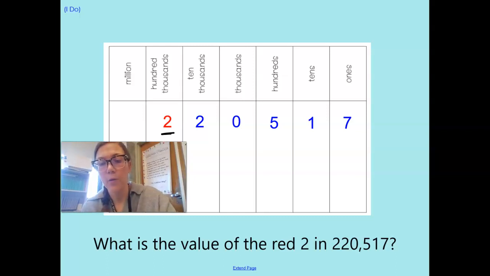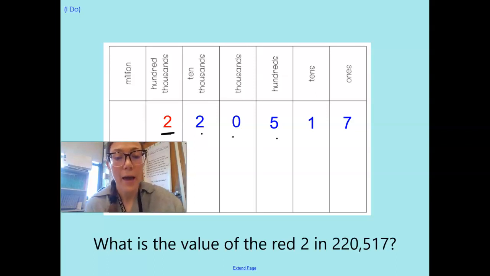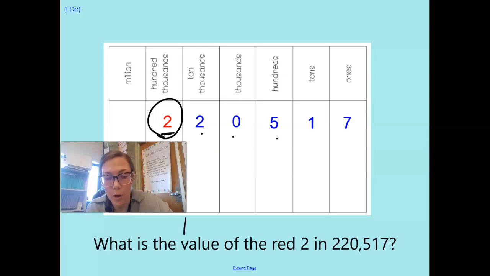The 7 would be in my ones. Next to my ones is my tens. Then it's my hundreds. Then it's my thousands. Then it's my 10,000s. Then it's my 100,000s. So my 2 is in the 100,000s place. If I was to write 100,000, I would write 100,000.